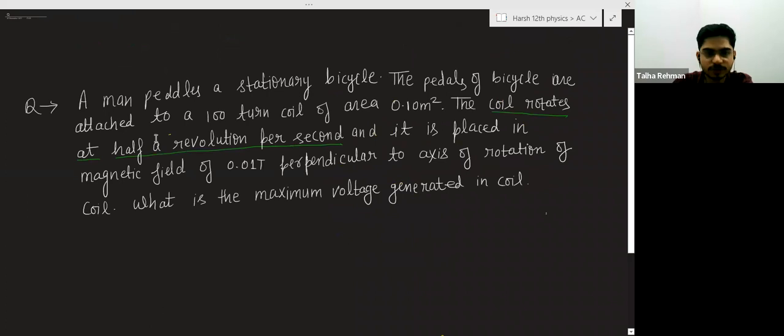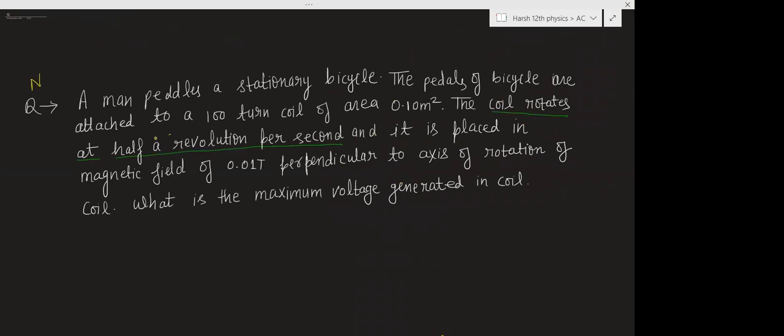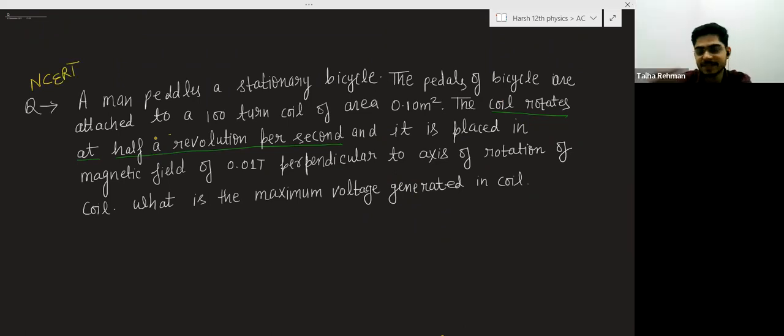So see this question we will do. This question is from NCERT. Slide changes will be there, but this is from NCERT. They are saying a man pedals a stationary bicycle. There is a bicycle and pedals are there.